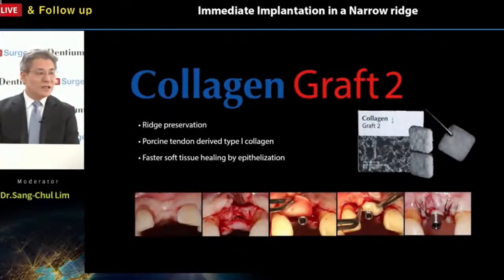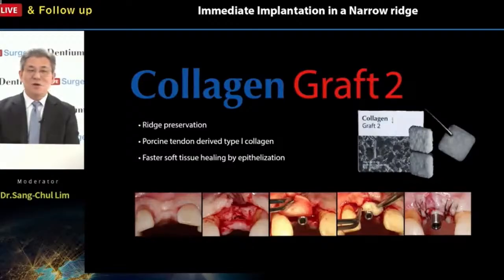Okay, another interesting regenerative material: Collagen Graft 2. This Collagen Graft 2 was also introduced by the Dentium company. It is a thick collagen matrix, different from a collagen barrier membrane. This Collagen Graft 2 works as a soft tissue friendly material, helping the healing situation, right?